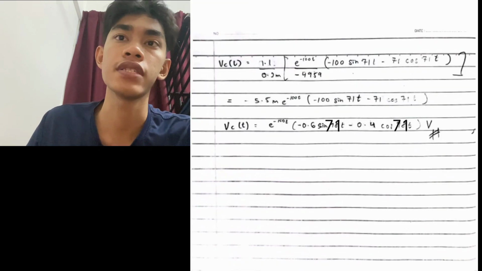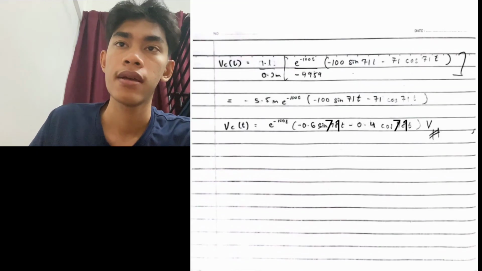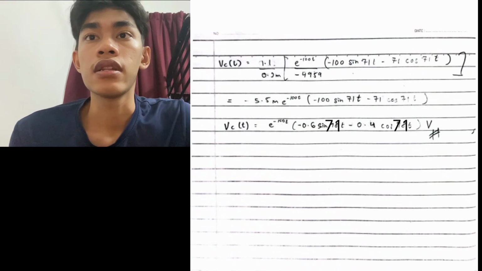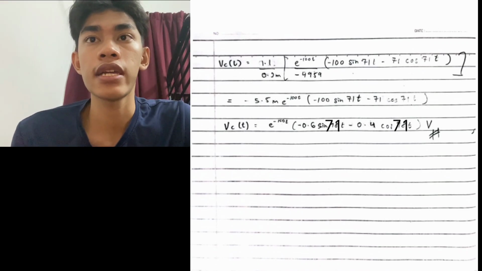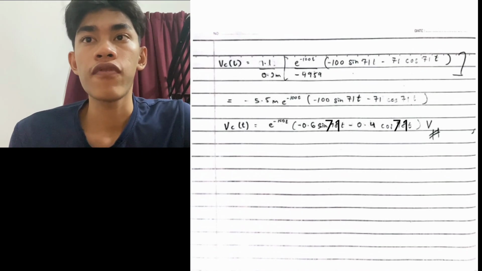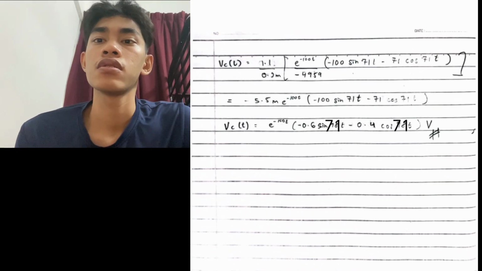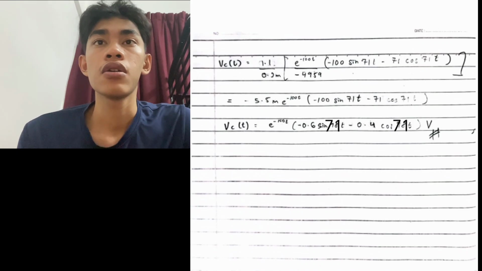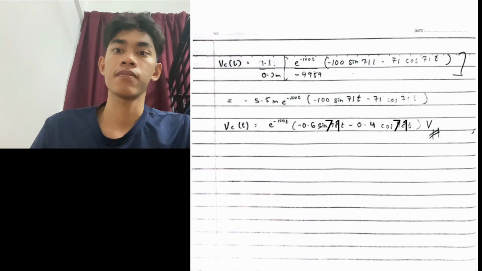So the value of VC(t) is exponent power of negative 70t times negative 0.6 sin 71t minus 0.4 cos 71t. So that is the final answer for the VC(t) of the underdamped response.